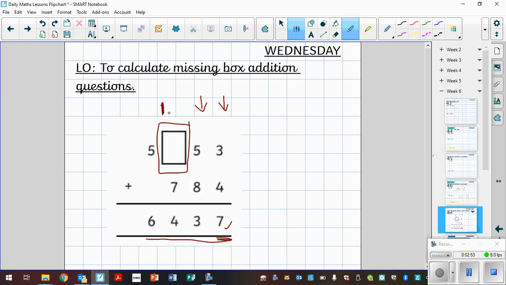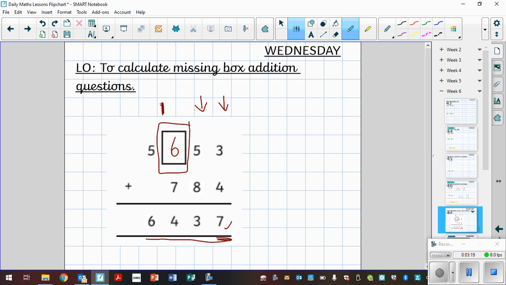And if we add back to 7, we get 8. We need to make sure that whatever we add to 8, we end with a number that has 4 at the end of it. Well, if we add 6 in here, does that work? 1 plus 6 is 7, plus 7 is 14. The last digit will be the 4, and that's correct.